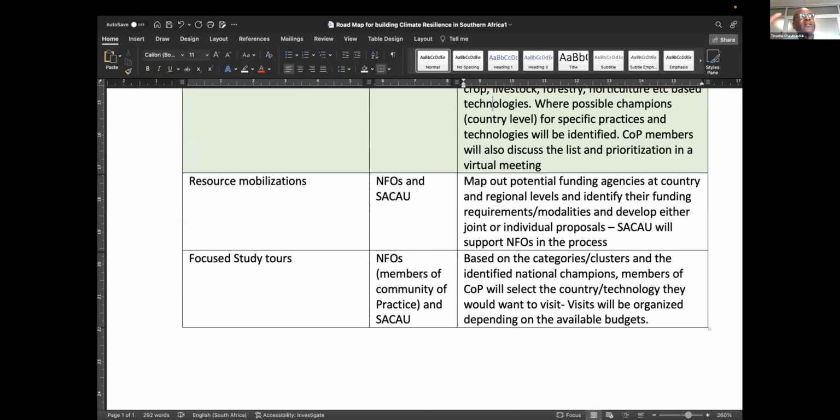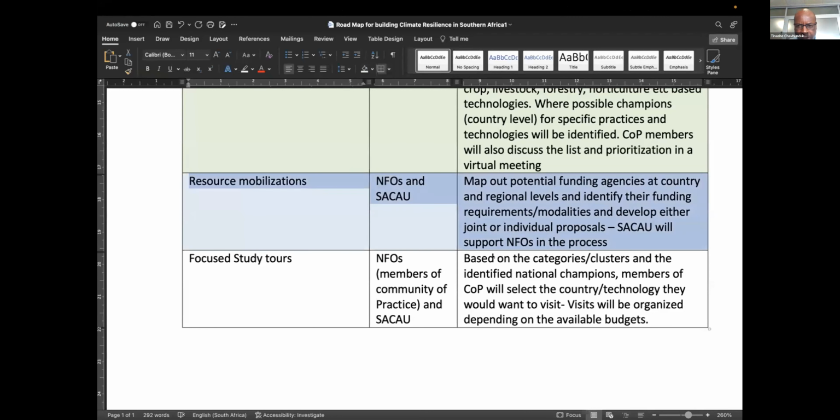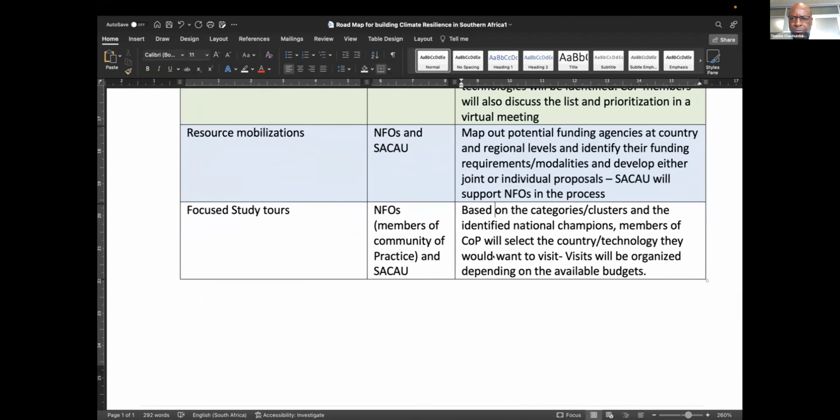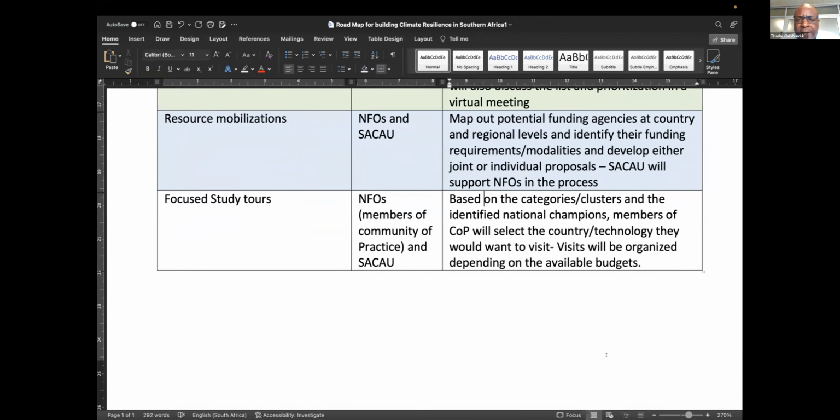If there's need for us to respond to a call for proposals, we put a proposal together, maybe as a consortium, SACAO leading, depending on which development agents we will be targeting. So SACAO will always be available to support the national farmer organizations in this process.